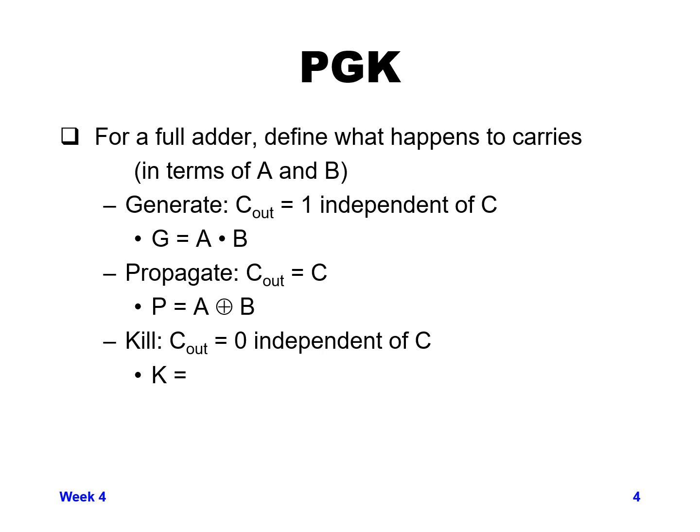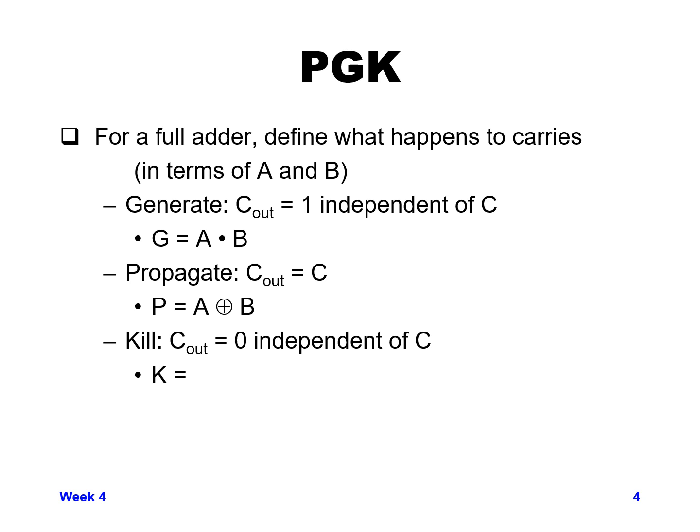And then finally, we have this value called kill, which is again independent of carry. So is there some value of A and B that no matter what the value of carry in is, your carry out is going to be 0? So we're going to kill carry out.